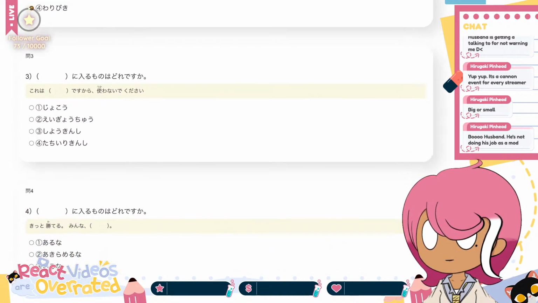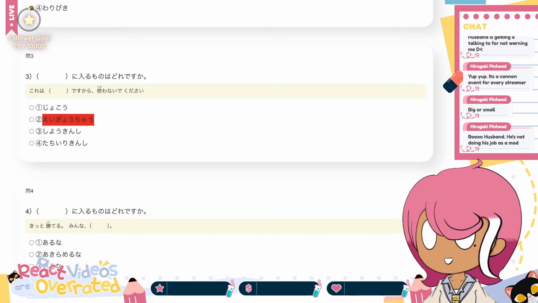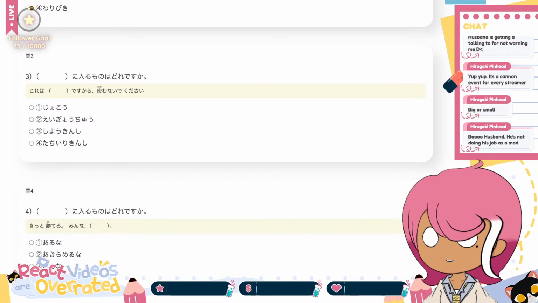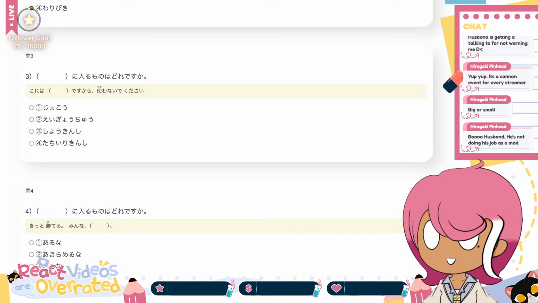これは blank ですから、使わないでください。So do not use because this... 営業中 can't be right. Not 営業中 because that's one of the business in preparation ones. 使用禁止. I need to look these up. So travel, no. So not 1, not 2, I don't think.